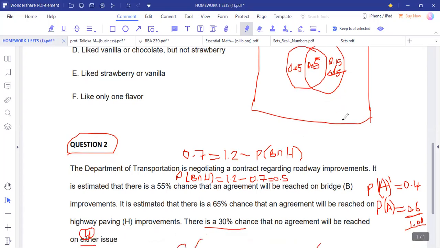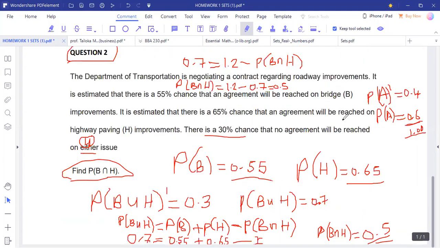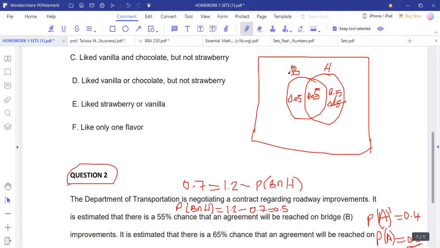Okay, so this is what we have. Now if you want to find the union set, the collection of all these, it will give you 0.7. So probability of B union H, you simply add. If you want to confirm probability of B union H, all right? Are people following? Yes, sir.